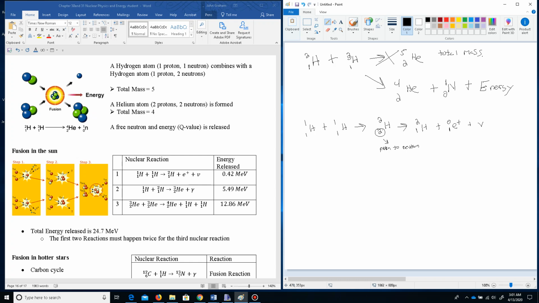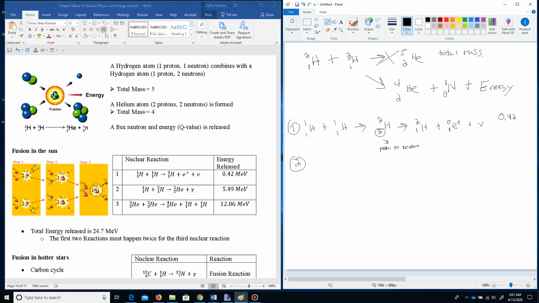This whole reaction releases 0.42 MeV of energy. It happens with this one here as well as this one here, so we have this done twice. So 0.42, and this is the first step.